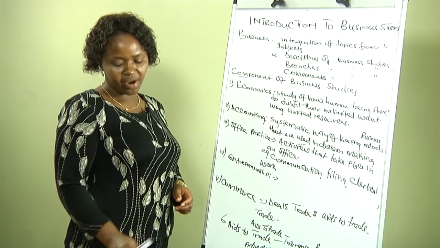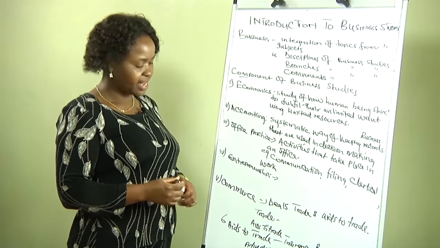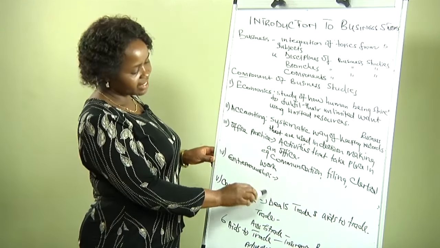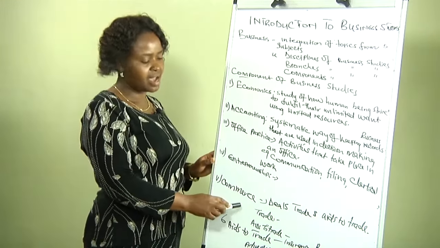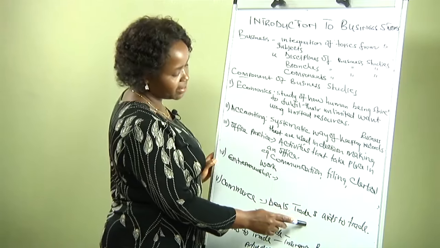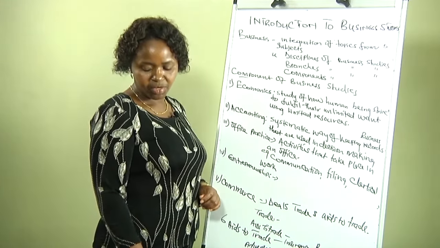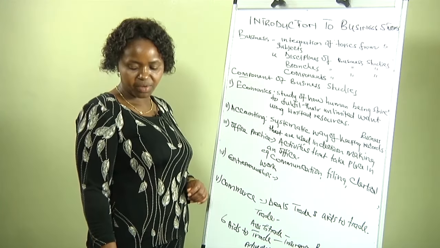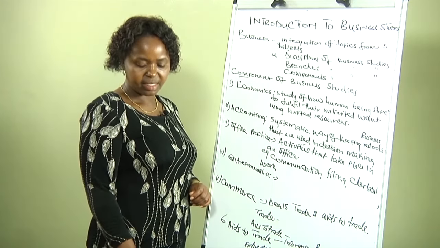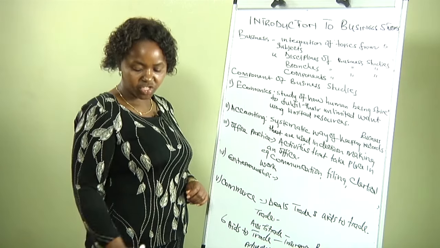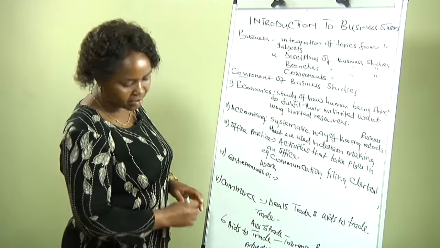And we are also going in the other lesson to look at commerce in detail, where we have the various branches of commerce, and we hope we will be able to accomplish the discussion about branches of commerce.